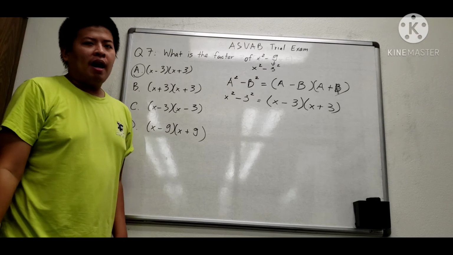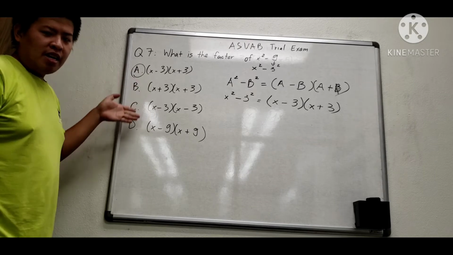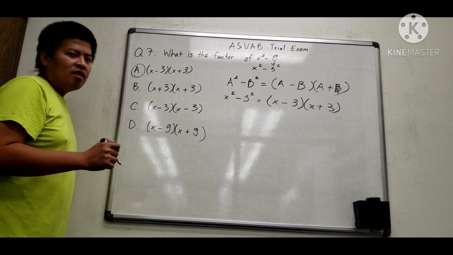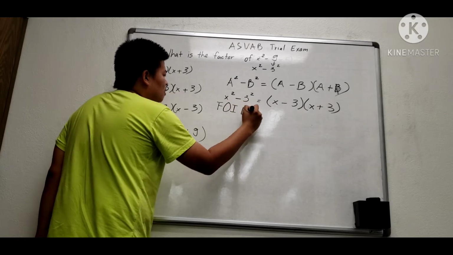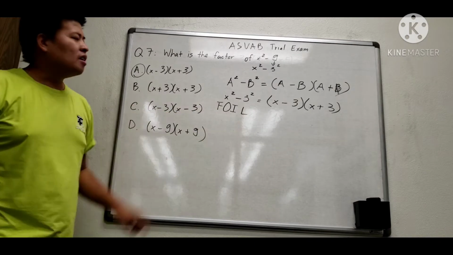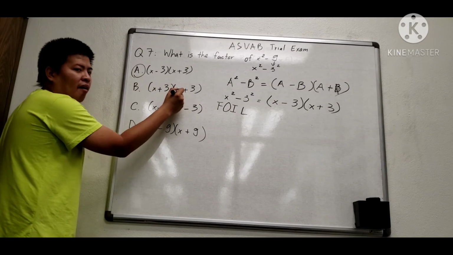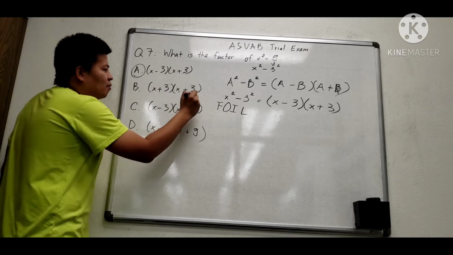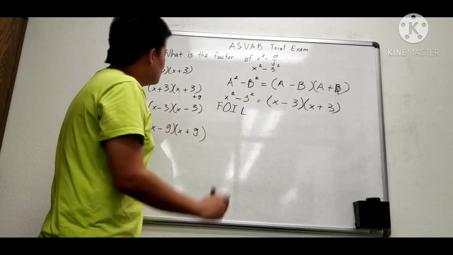If you don't know the factor of this one, you can use the answer key here. To do this question, we need to multiply the terms together, just like FOIL. This is first, outside, inside, and last. For the first one, s times s is s power 2, and 3 multiplied by 3 is positive 9, but in the question it is negative 9, so this is not the factor.